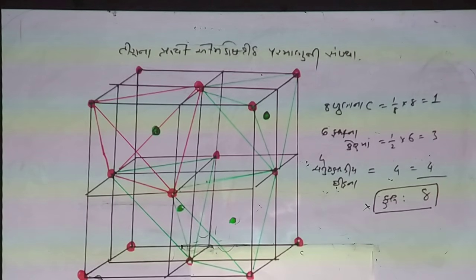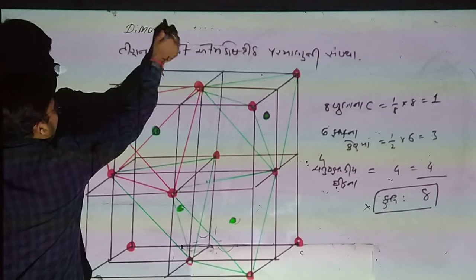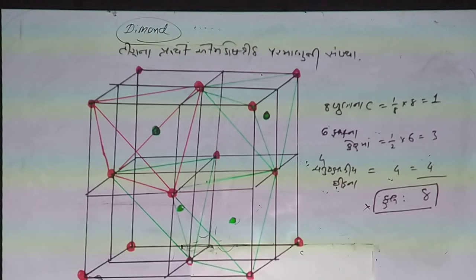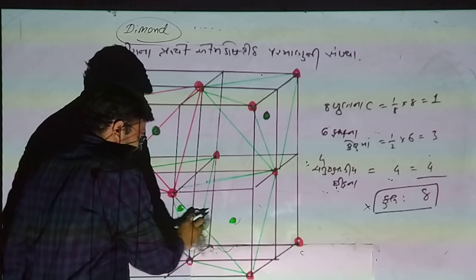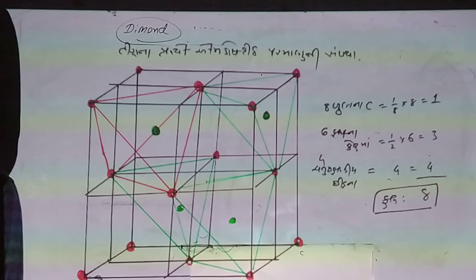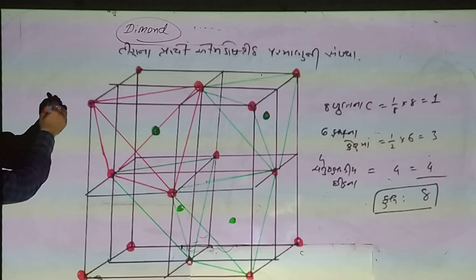one in Gujarati, but I will explain in English. Listen. This is the structure of the diamond. In per unit cell of the diamond, how many atoms are present? In the unit cell of diamond, once again I am asking you the question. In 1 unit cell of the diamond, how many atoms are present?